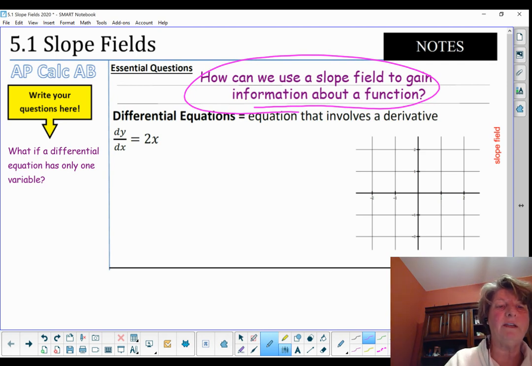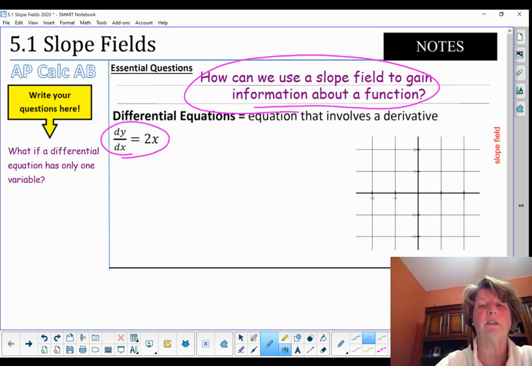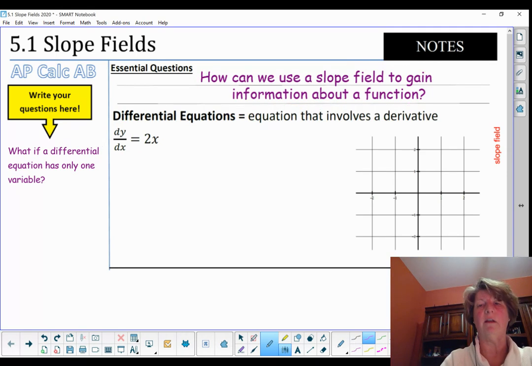So, what if a differential equation has only one variable? Like we're looking at here with our first problem, dy/dx equals 2x. Wonder what happens on this one. Well, what we need to do today is look at how to even draft these little slopes in on our picture.